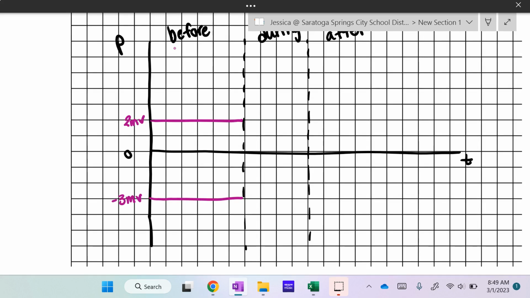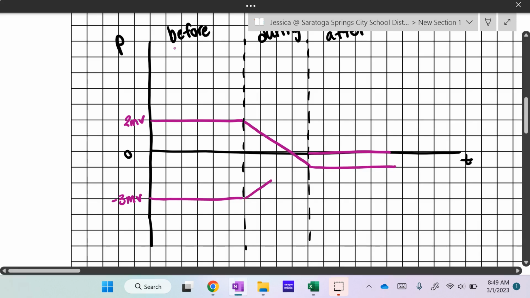And then after the collision, this 3mv, that's the 3m mass, goes to rest, so it goes like that. And then the 2mv has a momentum of mv afterwards. I usually do my befores and my afters, and then I connect them. So this connects like that, and that connects like that.